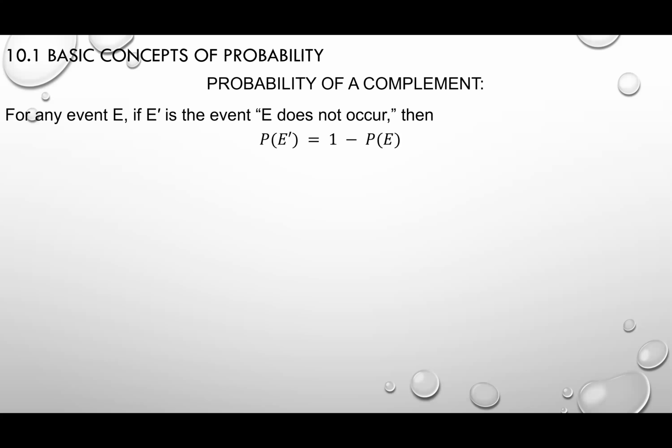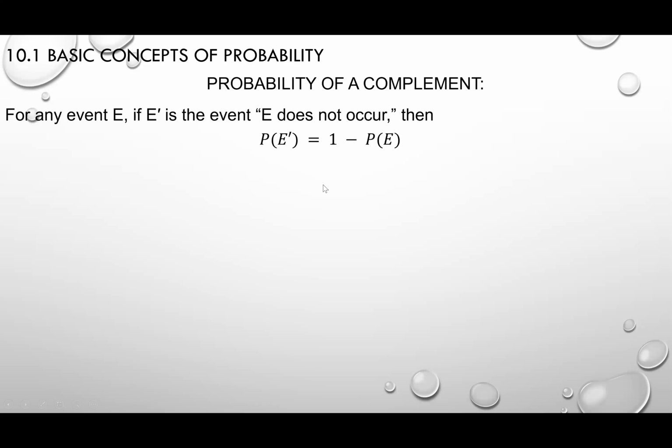So the complement, if you remember the complement in chapter 2, is what is outside of the circle, right? You are either inside the circle or outside of the circle. You are either inside A or outside A. In this case, you are either the event or not the event.